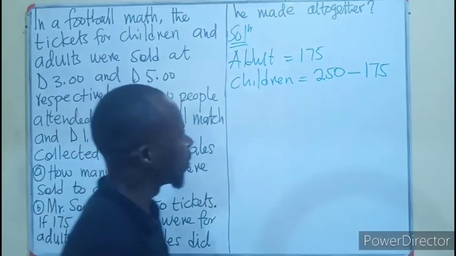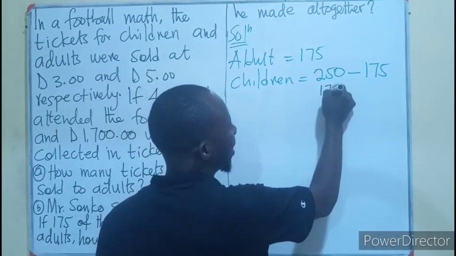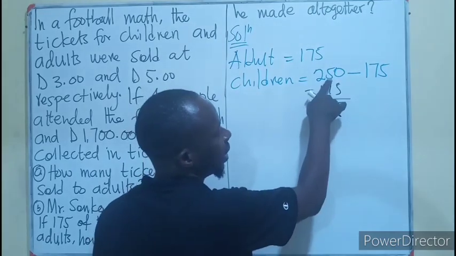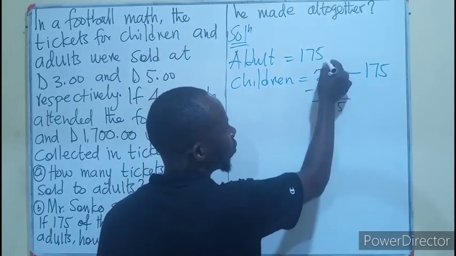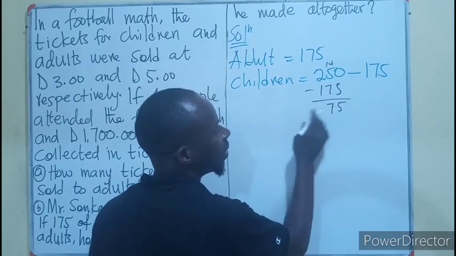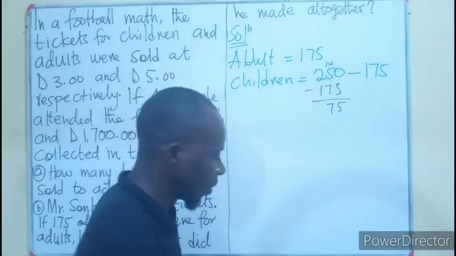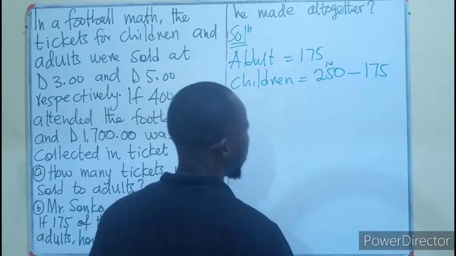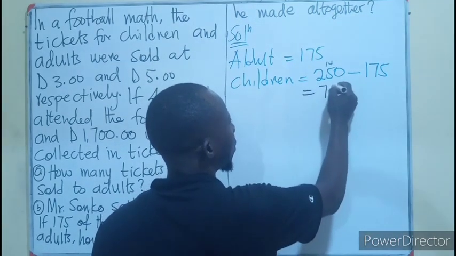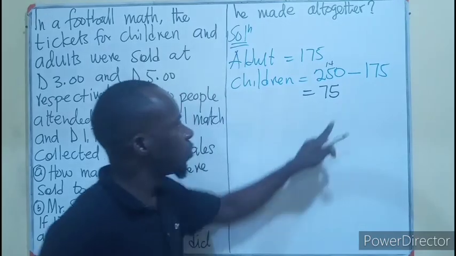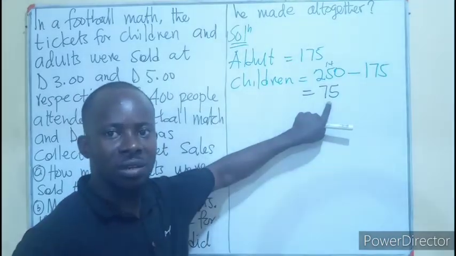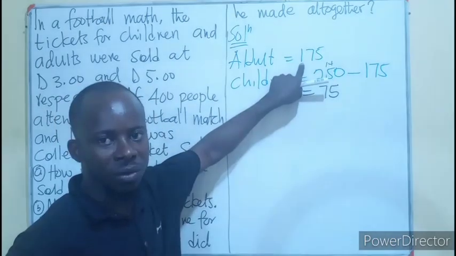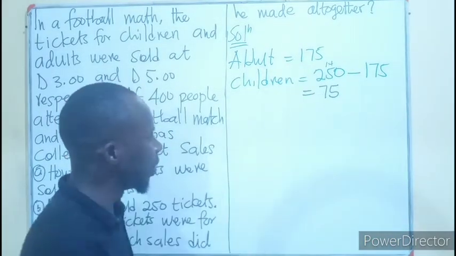So 250 minus 175 gives 75. So 75 for children, 175 for adults.